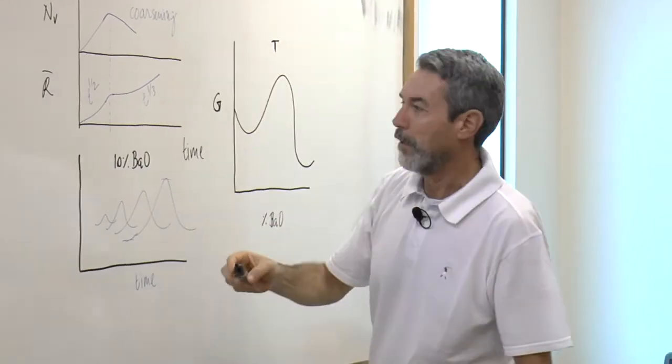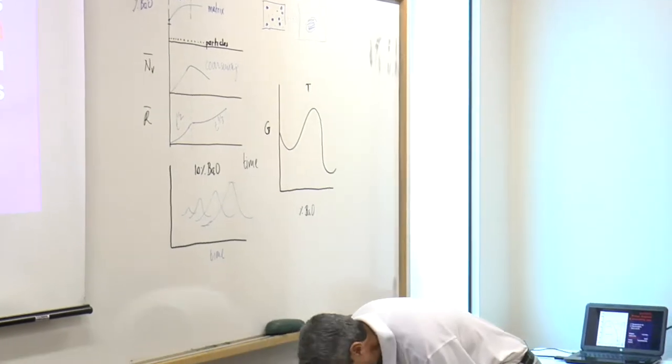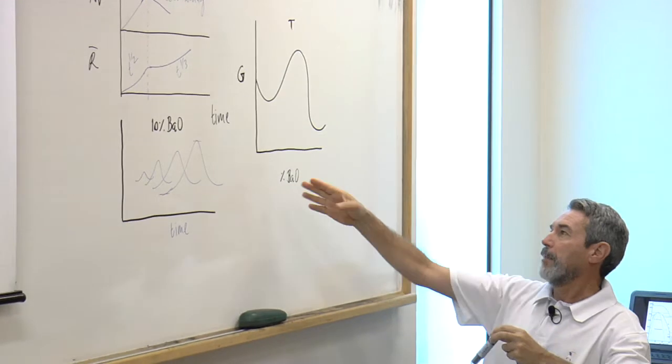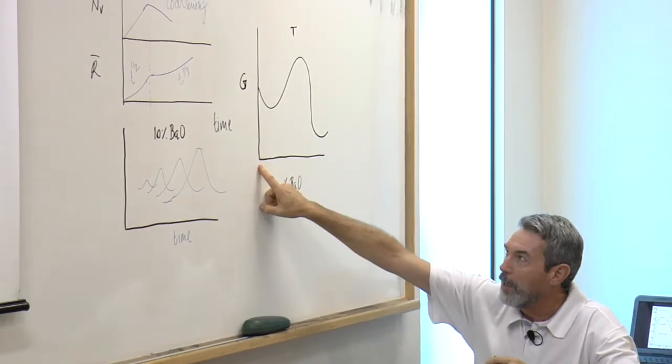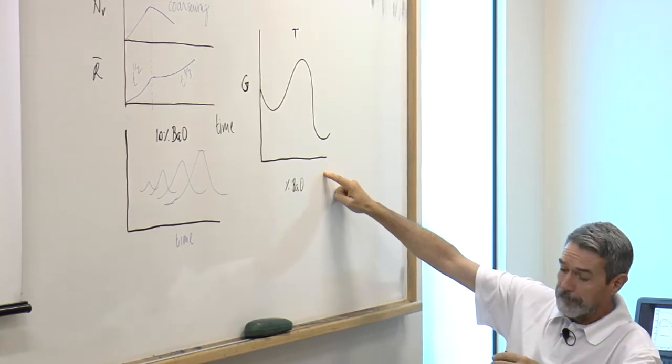At one given temperature. We are taking the same temperature. This is a binary, this is pure silica, increasing the percentage of barium oxide.